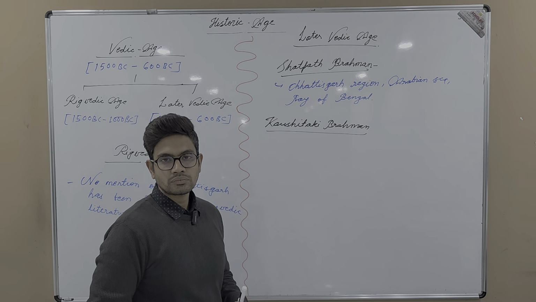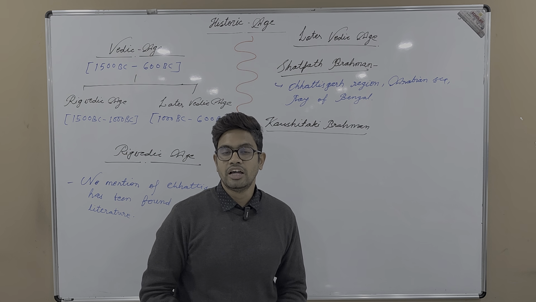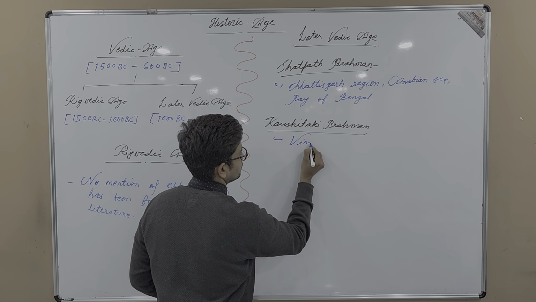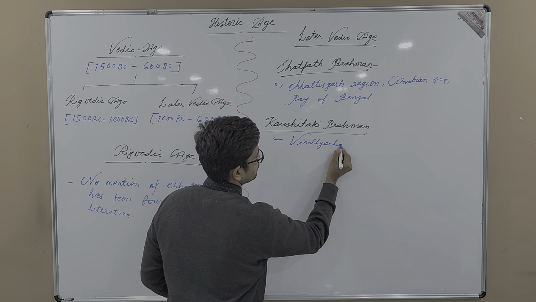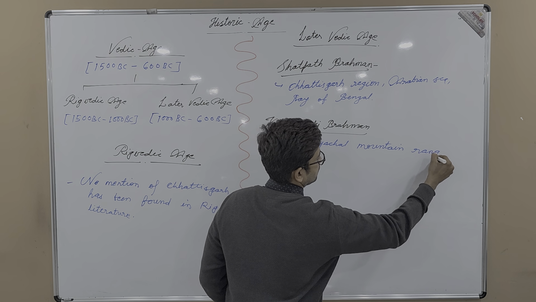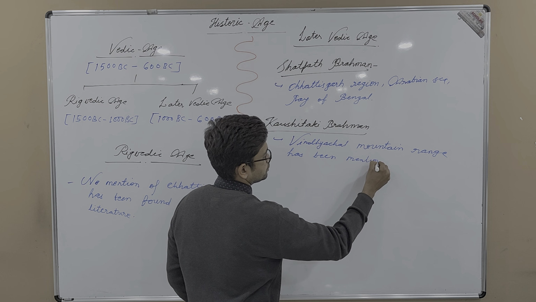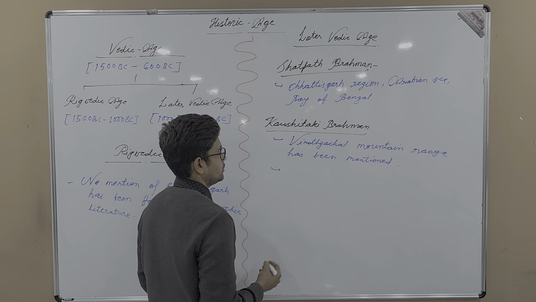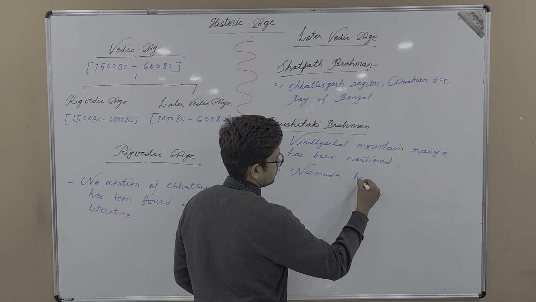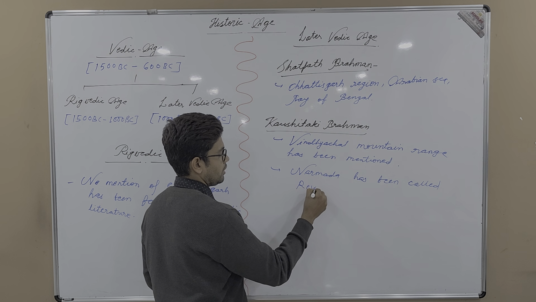In Kaushitaki Brahman, the Vindhyachal mountain range has been mentioned, and the river Narmada has been called by the name of Reva.